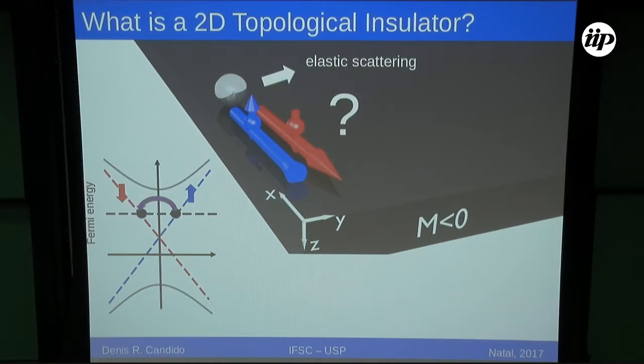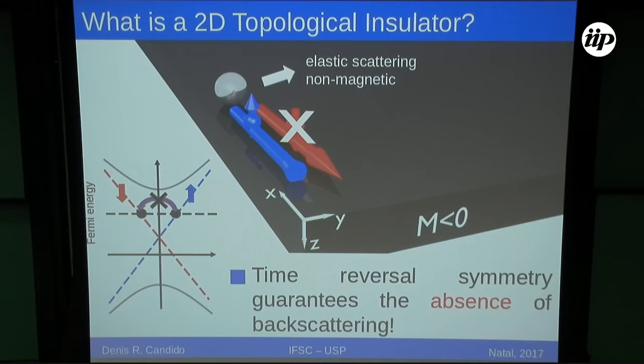So if you have elastic scattering with no magnetic impurity, we can show with time reversal symmetry, more precisely due to the anti-unitary property of the time reversal symmetry, that it's impossible to have backscattering. So in a topological insulator, when we are talking about elastic scattering, every time that an electron finds an impurity, it never goes back.